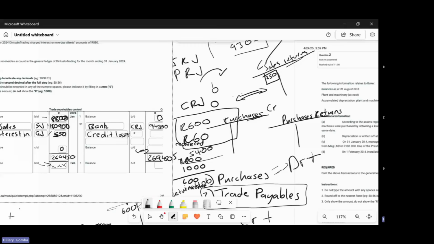Okay. And the last account that we now need to record on the trade receivable account is your sales returns journal, where we had the transaction that they told us is affecting our sales returns, which is the first one. It says on 10 January, a client returned goods sold to him on credit in the amount of 930.